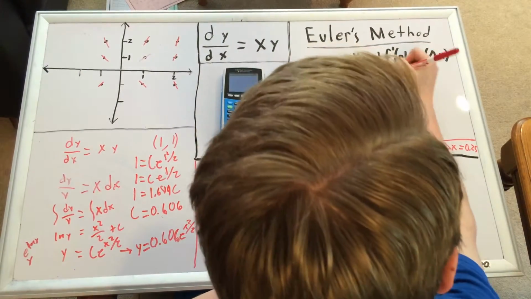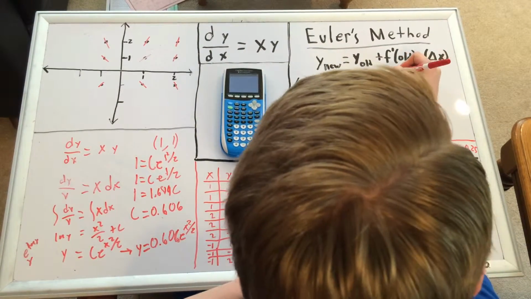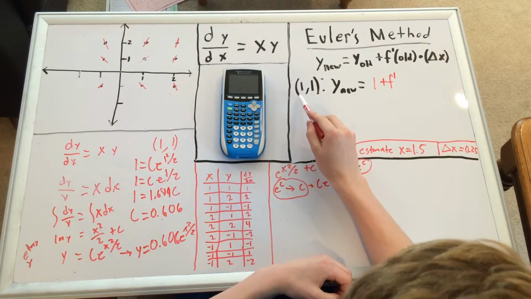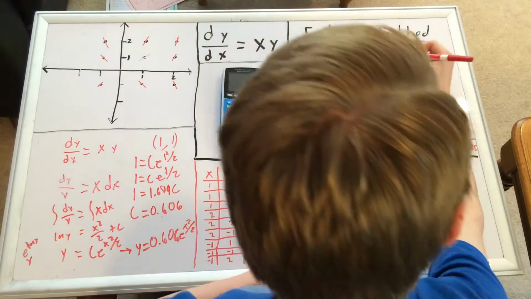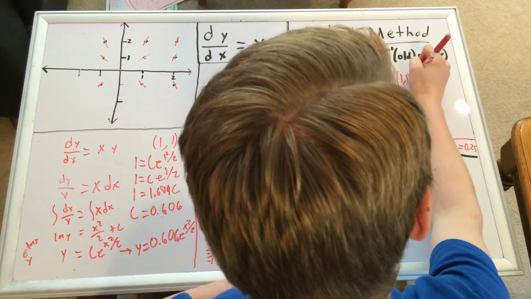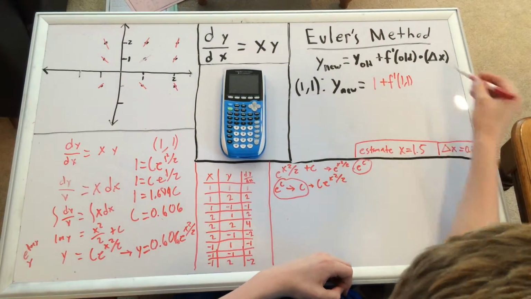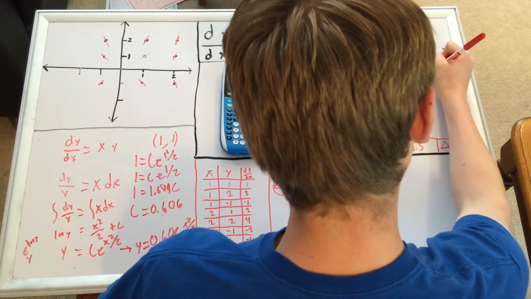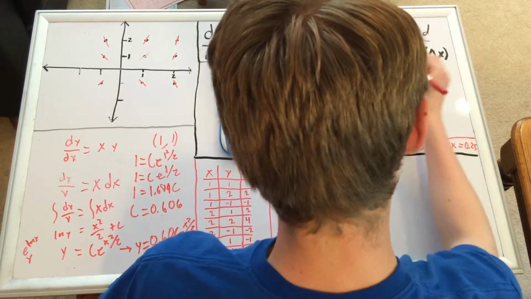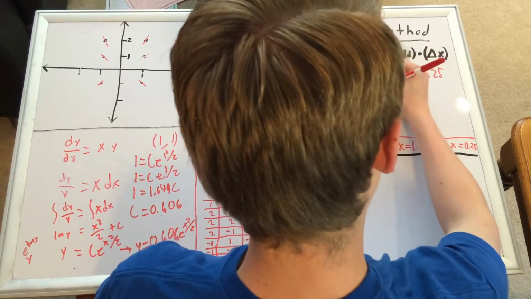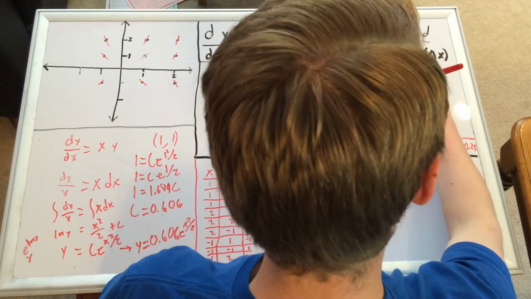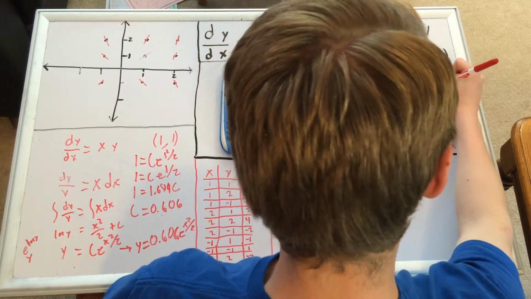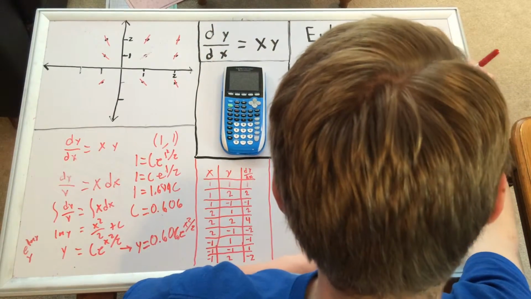So we'll put 1 plus f prime, so dy/dx at this point, which will be just 1, and then we'll multiply it by our delta x value of 0.25. So that'll give us 1 plus 1 times 0.25, which will give us 1.25.